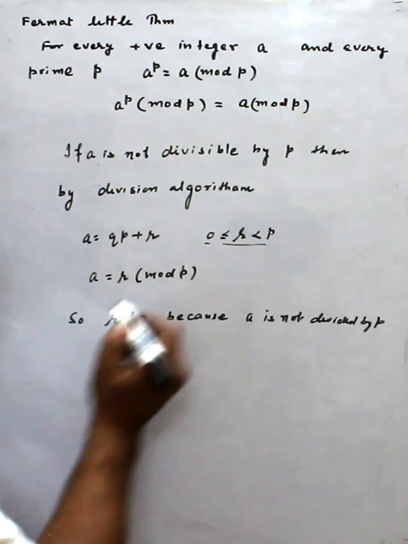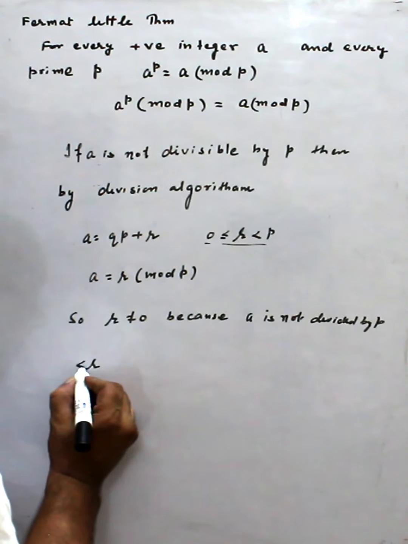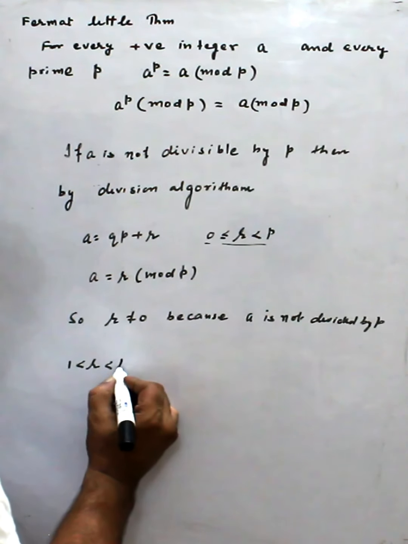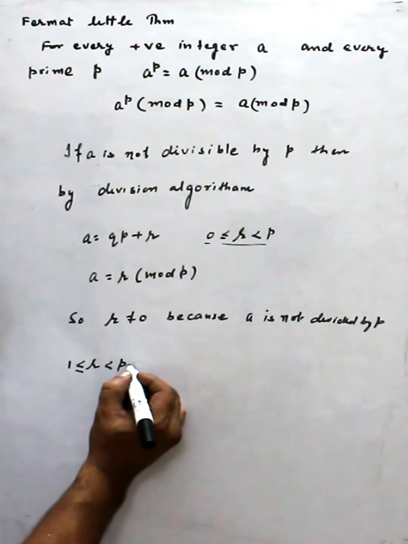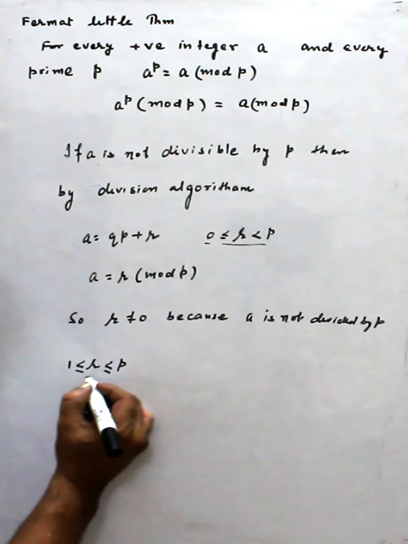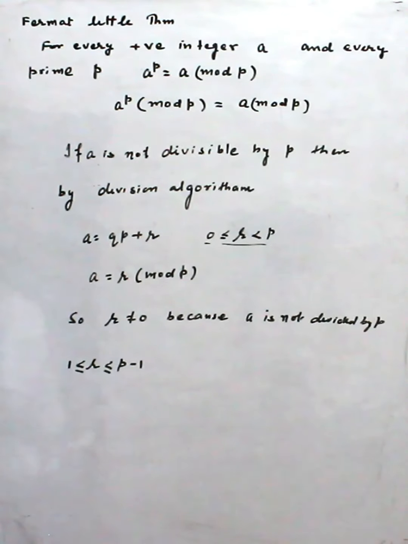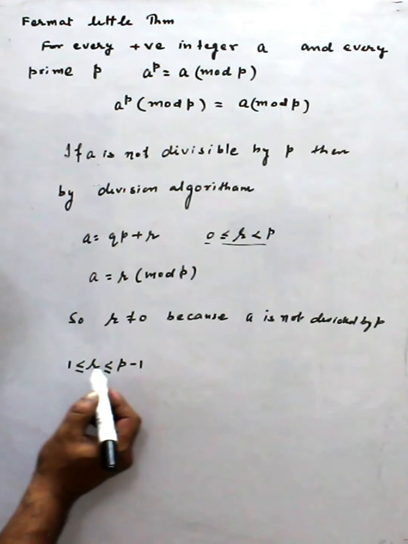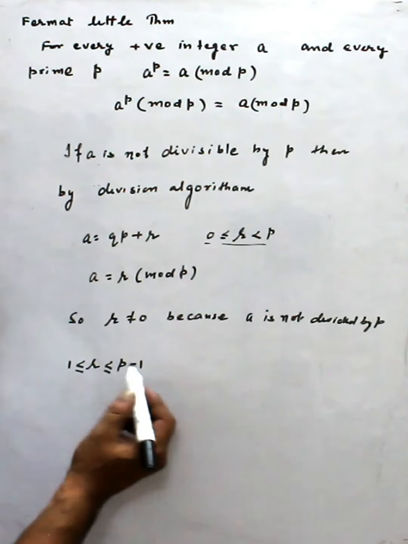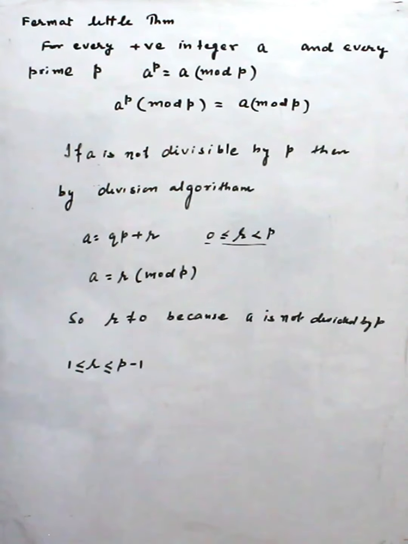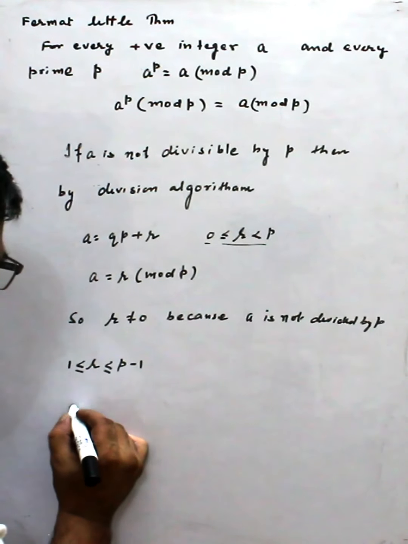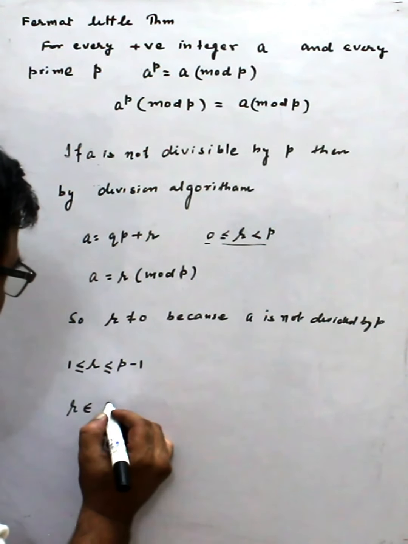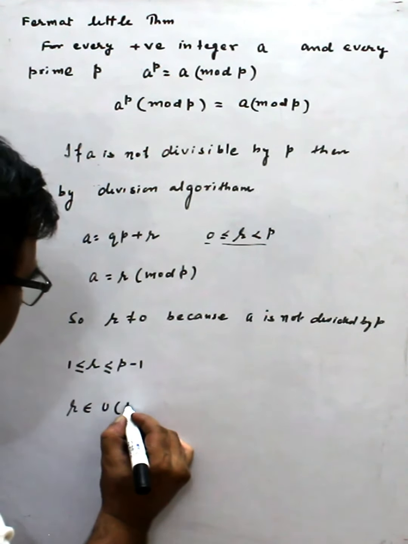So r lies between 1 and p, and this can be 1, or if you want to make equality, r is a number which lies between 1 and p minus 1. That means r belongs to U(p).